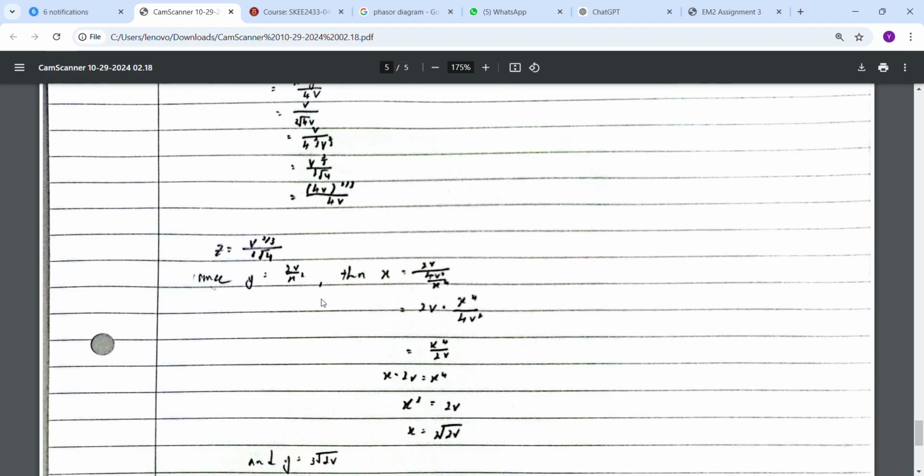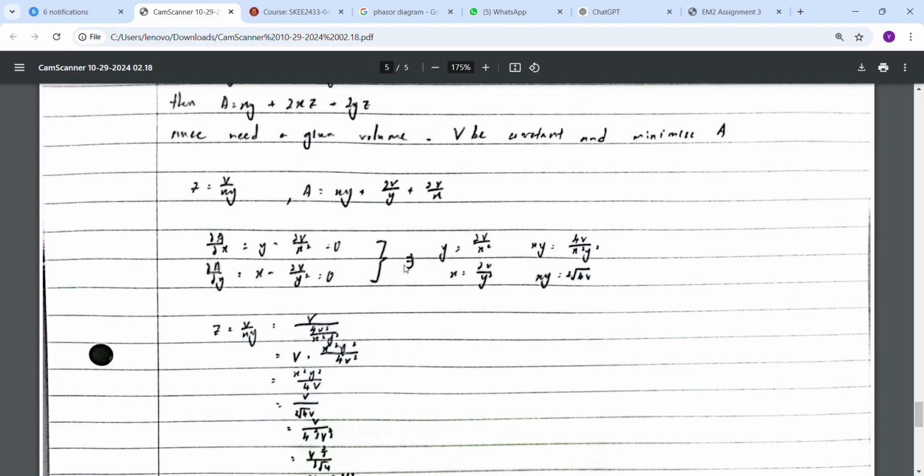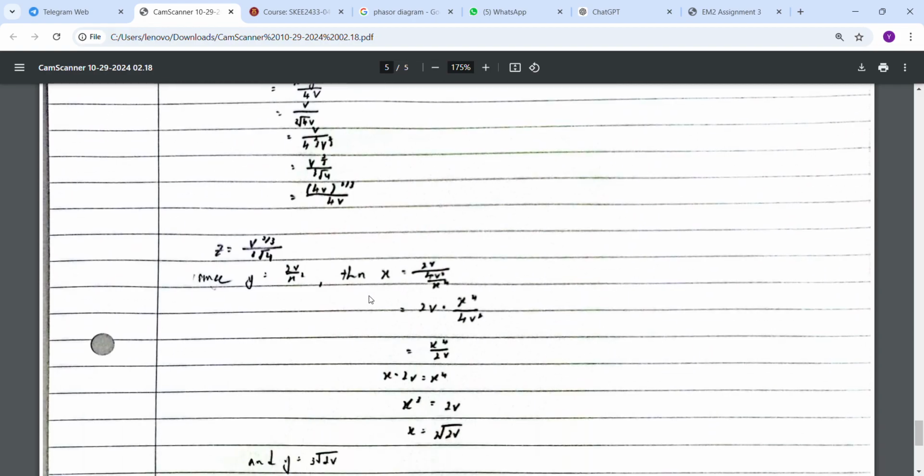Since y equals 2v over x squared from above, we can find x equal to 2v over 4v squared over x to the power of 4.